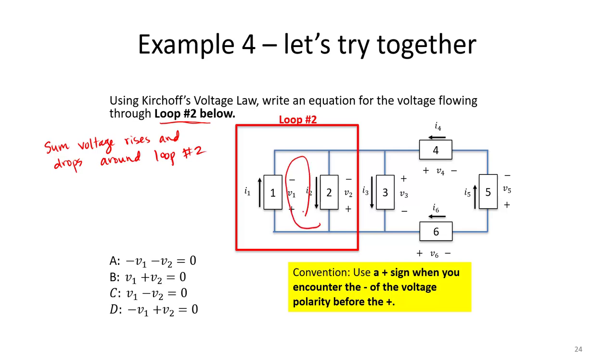In this case, it appears that my current must be going in a clockwise direction, so I'm going to go ahead and walk clockwise around my loop. If you didn't know which way the current was flowing, you would just pick a direction and start summing.